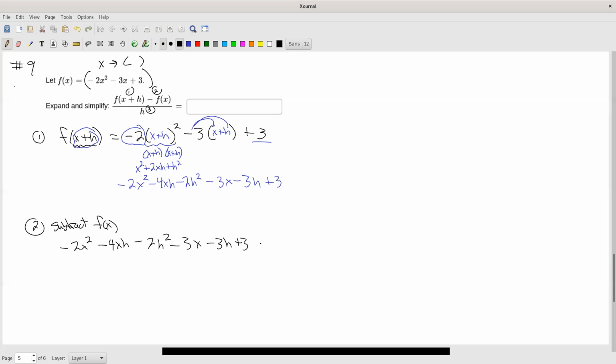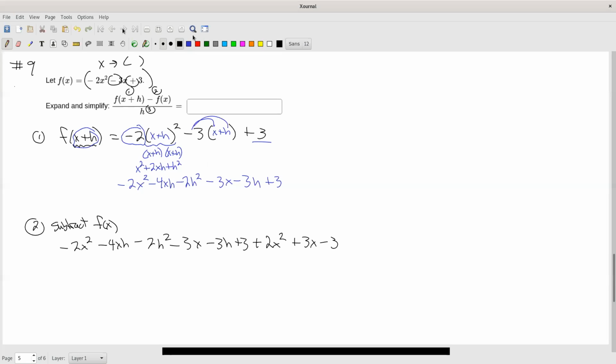And from that, I want to take away, so I got to change the sign of each of these. Take away a -2 is going to give me a plus 2x squared. Take away a -3 gives me a plus 3x. And then take away a +3 is going to give me a -3.